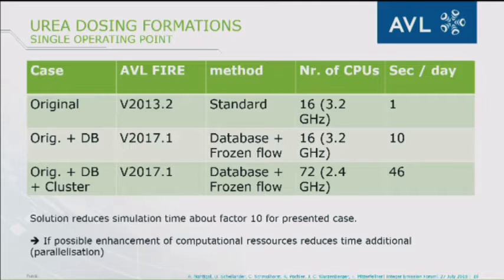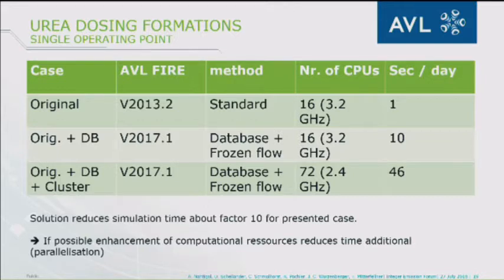With an additional number of cores to run the simulation on the cluster, we can reach additional speed up. So now with this speed up approach and an increased number of cores, we can come to the level where these deposits can be simulated in a reasonable time.